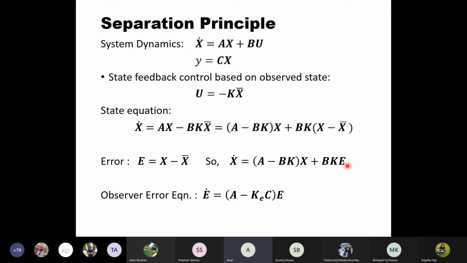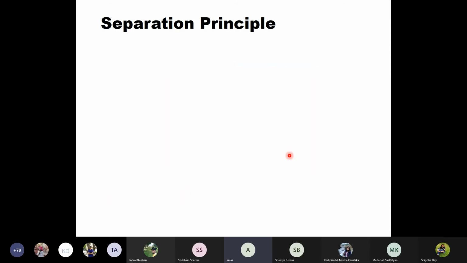And the observer equation in that case is e dot is equal to (A minus KeC) times the error, which we have already derived. So we have got this equation for x dot and this one for e dot. These two equations are basically for a system where the observer and the controller both are implemented.